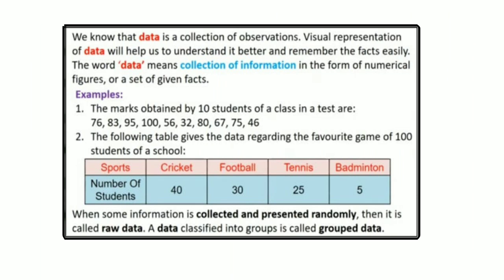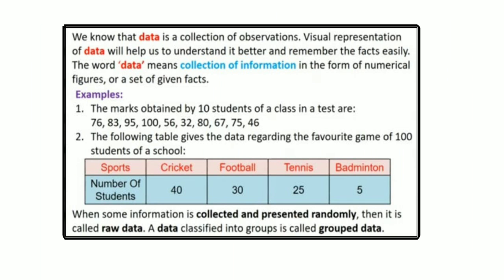The second example is data regarding the favorite game of 100 students of the school. The games given are cricket, football, tennis and badminton: 40 students like cricket, 30 like football, 25 like tennis and 5 like badminton.